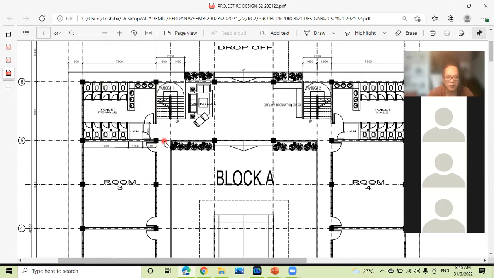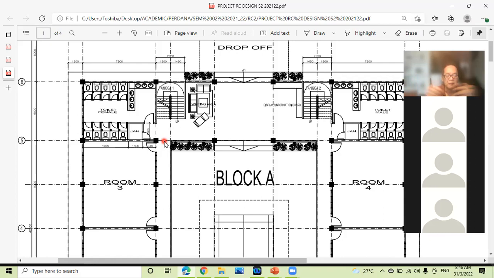We all know that columns act as support for the beams. So indirectly, by having columns too close, it means the span of the beam will be very short. On the other hand, if the columns are placed maybe 10, 12 meters apart, center to center, let's say about 12 meters, then this will translate as the span of beams being about 10 to 12 meters.